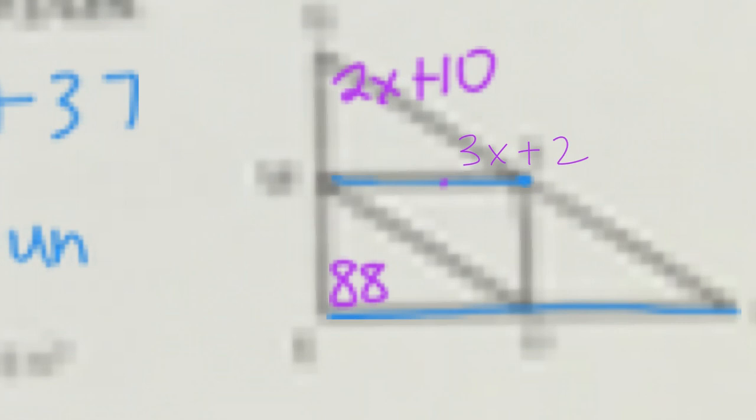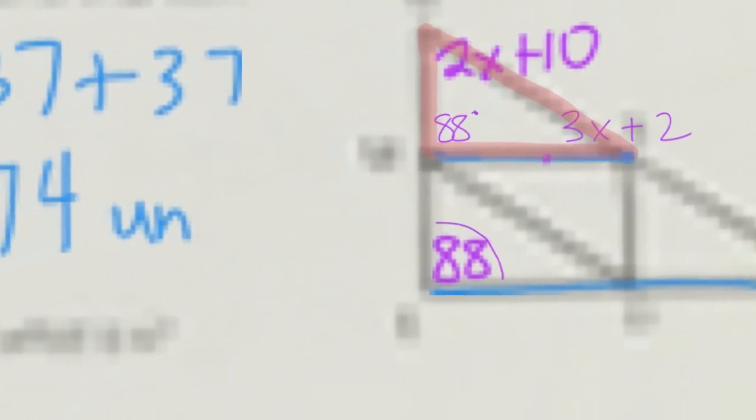So in order to solve for x, we're going to have to make some type of an equation. So hopefully remember that if this angle is 88, then this angle is also 88, because those are corresponding angles. Now that I've made that transfer, I can add up these three angles to 180. These are three angles of a triangle.